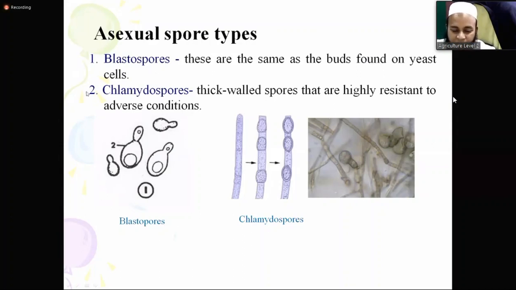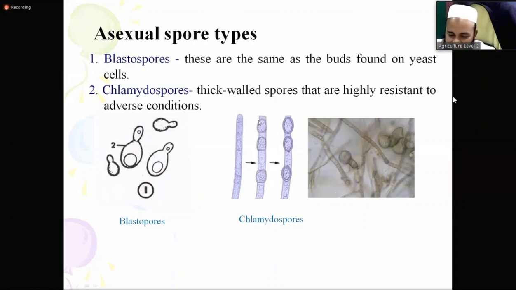Number two is chlamydospore. A very important thing is chlamydospore. So what is chlamydospore? Thick-walled spores that are highly resistant to adverse conditions. These are nothing but cells of the mycelia. On the hypha or mycelia, not all cells, but some cells become thick-walled by different depositions.